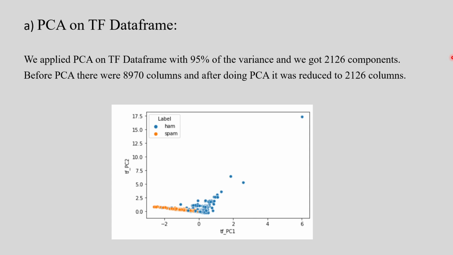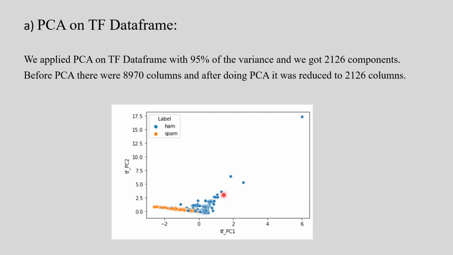Coming to PCA on the TF data frame, we applied PCA with 95 percent variance. Then we got 2126 components. Before PCA, it was 8970 columns. We will see the results in this graph.